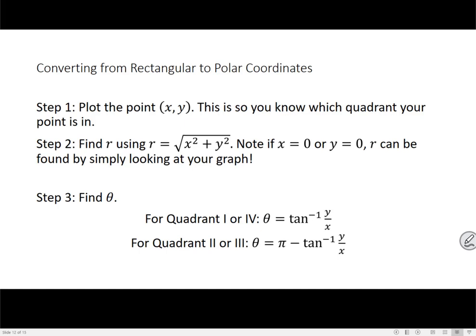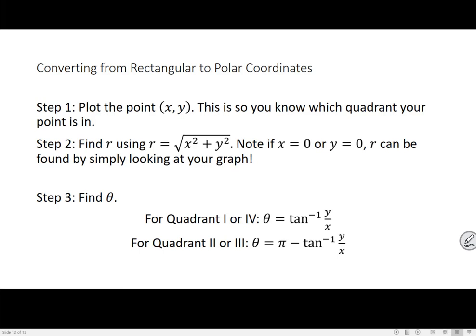Now for step 3, we're going to find theta. This is why we need to know what quadrant you're in. For theta, we need to use inverse tangent. We're given x and y, and theta is equal to tangent inverse of y over x. But that depends on what quadrant you're in.